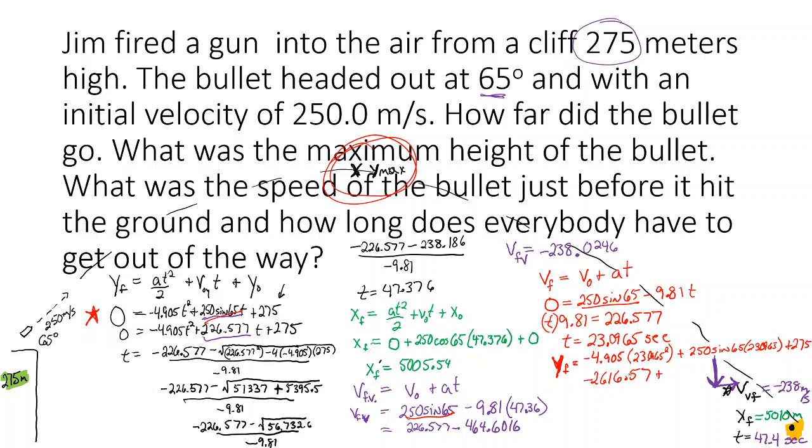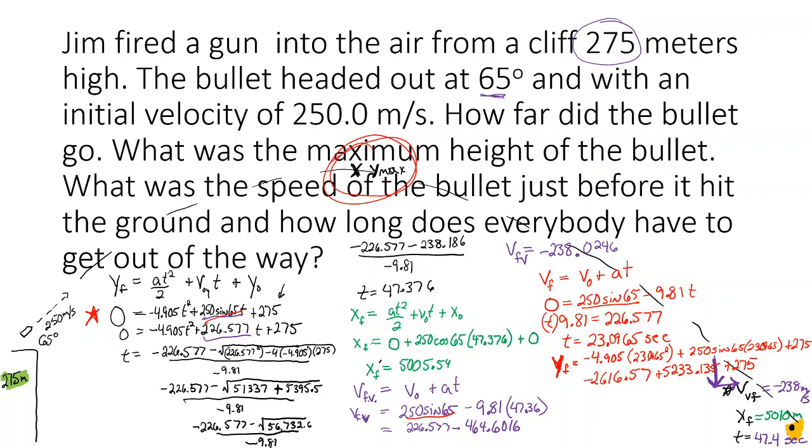And then 250 sine 65, we already determined to be 226.577. That's played a lot into this problem. Times the 23.965 seconds gives me a positive 5,433.135 plus 275.